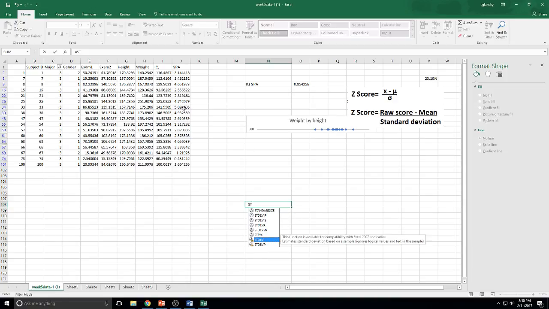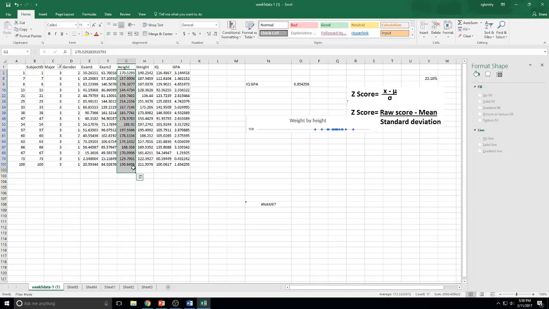Standard dev of... equal. Can I do this? And now I'm a little bit afraid.